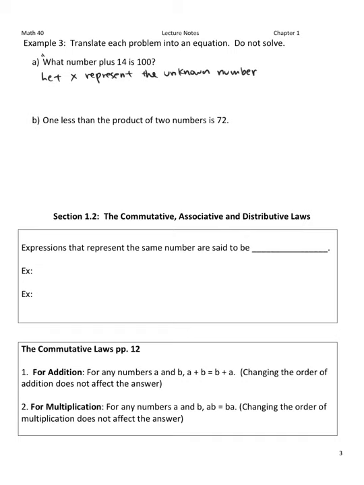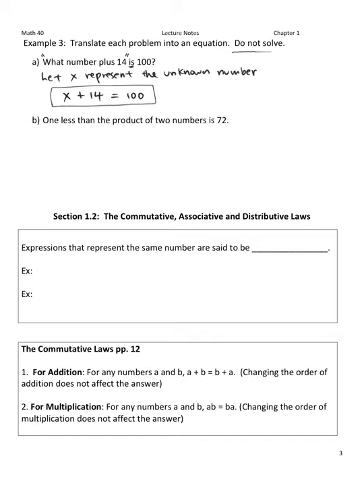Now, what number plus 14 is a phrase, and it is translated to x plus 14. And is is translated to equals, and then 100. So this is the answer. x plus 14 equals 100.